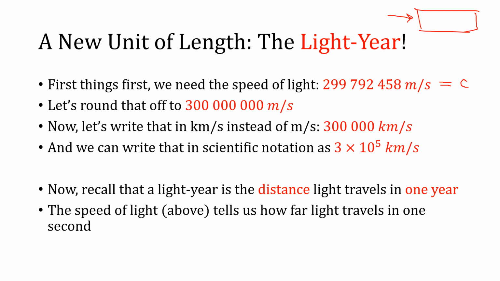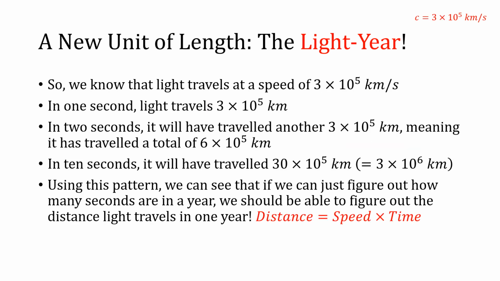Let's explore this on the next slide. So if we've got that the speed of light is 300,000 kilometers per second, keep in mind that this thing is exactly the same as 300,000. I've just written it this way to get you used to seeing these numbers and not panicking when you see them. But this number right here is 300,000.